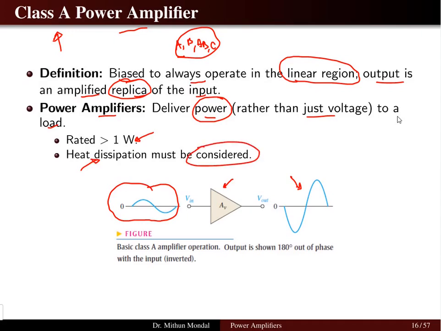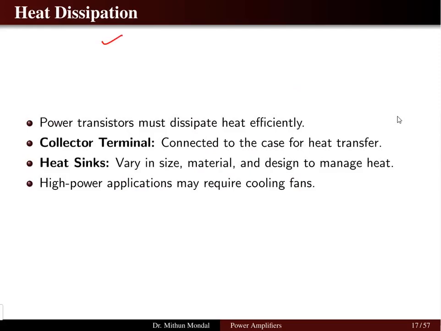The heat dissipation in the power amplifier must be dissipated with the help of a certain device. The collector terminal is connected to the case of the heat transfer device. This is known as a heat sink, which varies in size, material and design to manage the heat properly. High power applications may also require cooling fans.